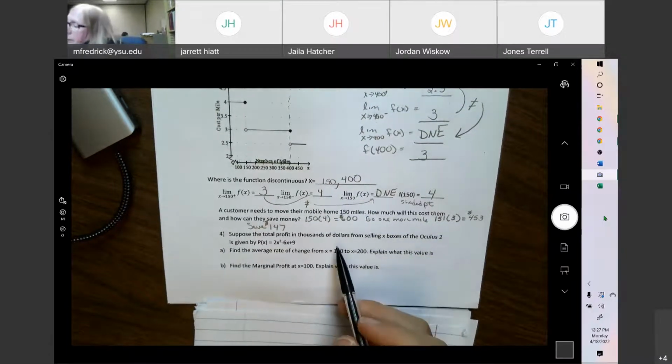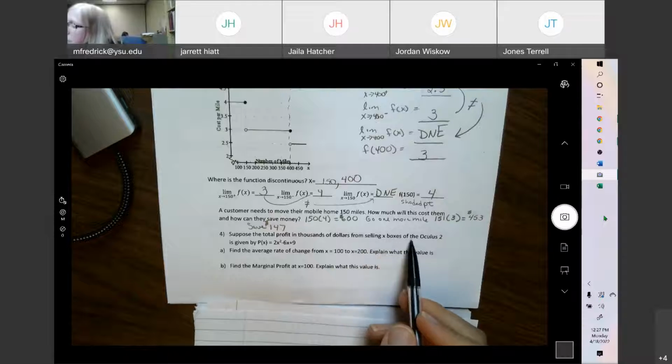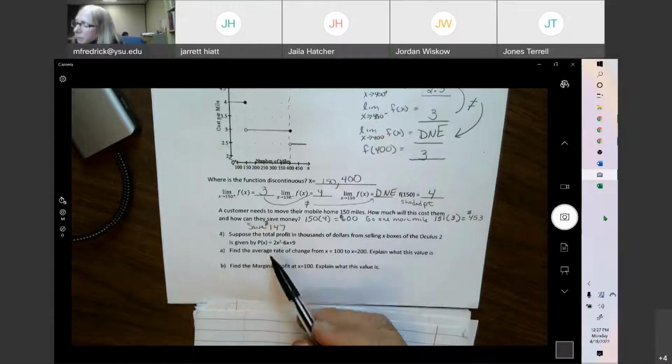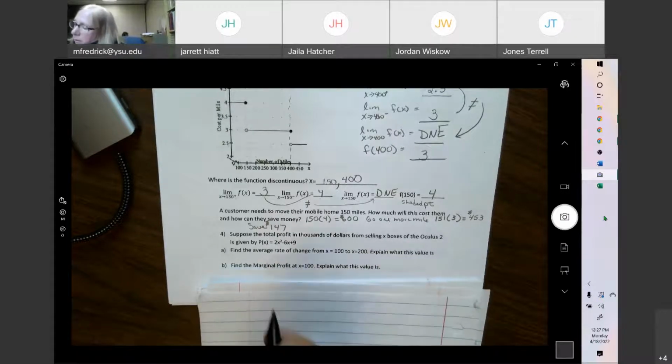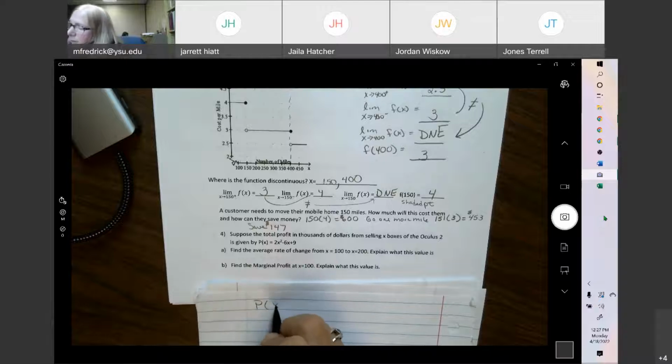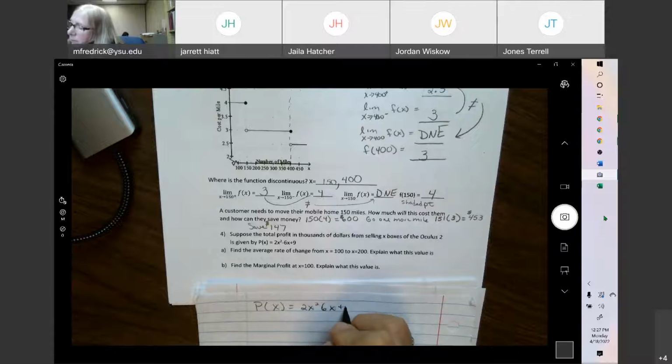Suppose the total profit in thousands of dollars from selling x boxes of Oculus 2 is given by P of x equals 2x squared minus 6x plus 9.